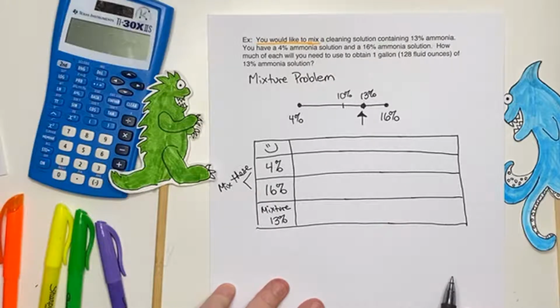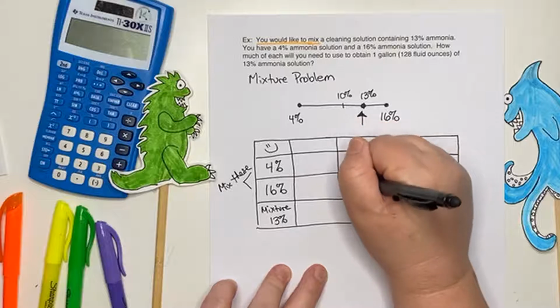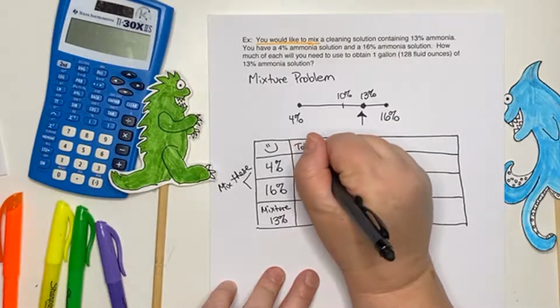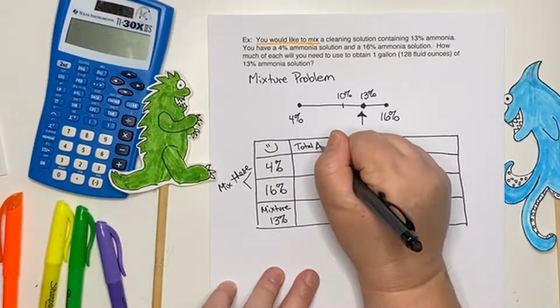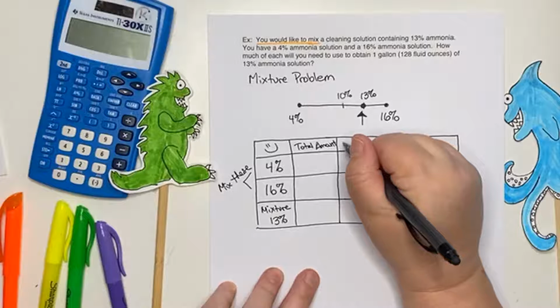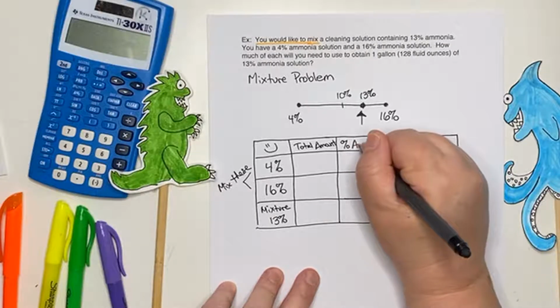Okay, now this is the part that gets difficult. But here's the thing. This chart is for you. So as far as I'm concerned, you can write whatever you want in it. This is to help you organize your thoughts. But this is what I recommend. The first column is going to be the total amount. The second column is going to be the percentage, in this case, the percentage of ammonia.